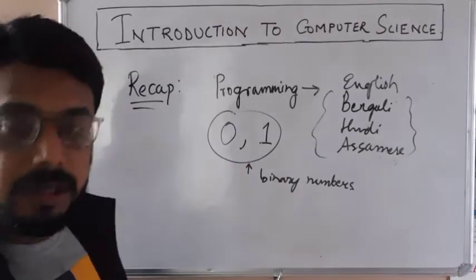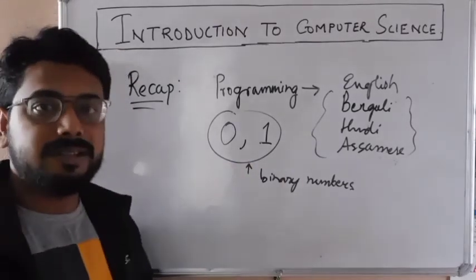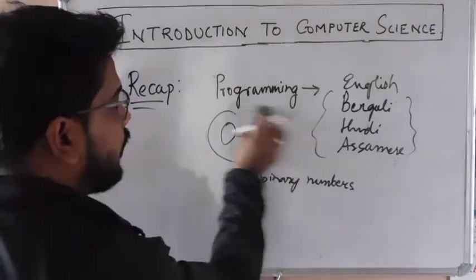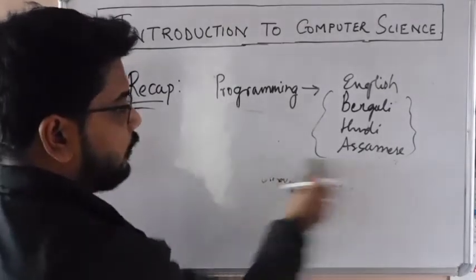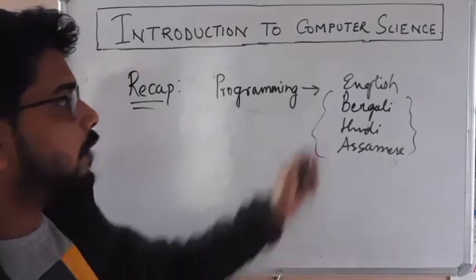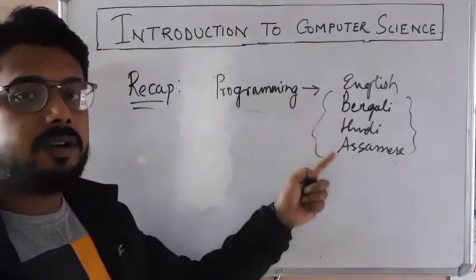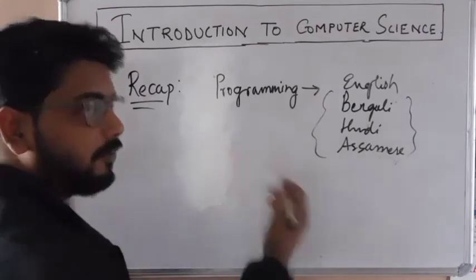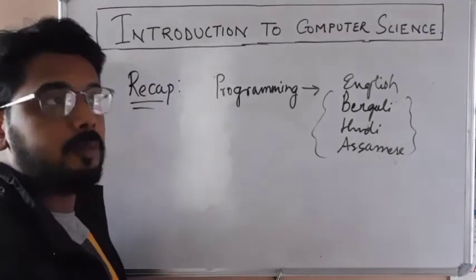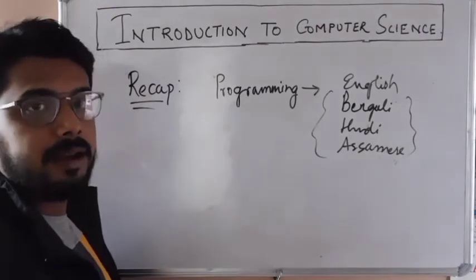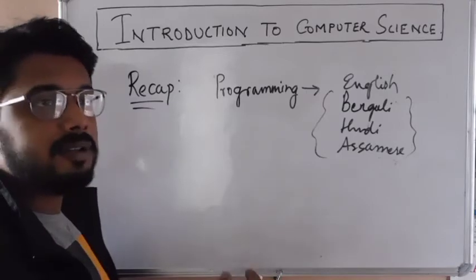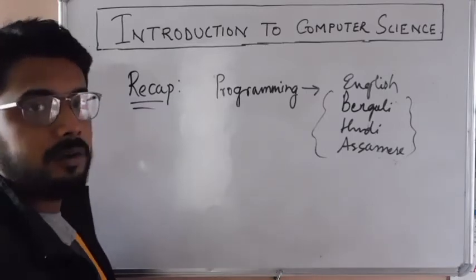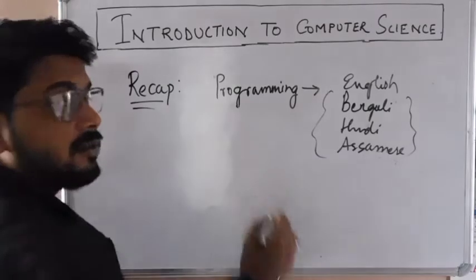We will come to know that later when we talk about assemblers, translators, and interpreters. Since these languages are not understood by the computer, some programming languages were developed at a higher level, so that it will be easy for us to instruct the computers on what we want to do and what kind of tasks we want to achieve.